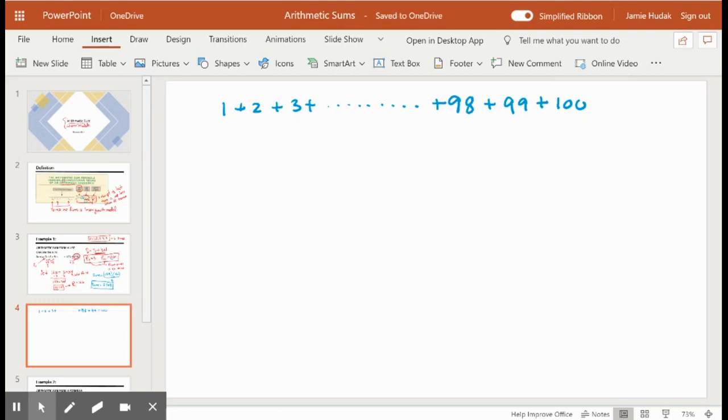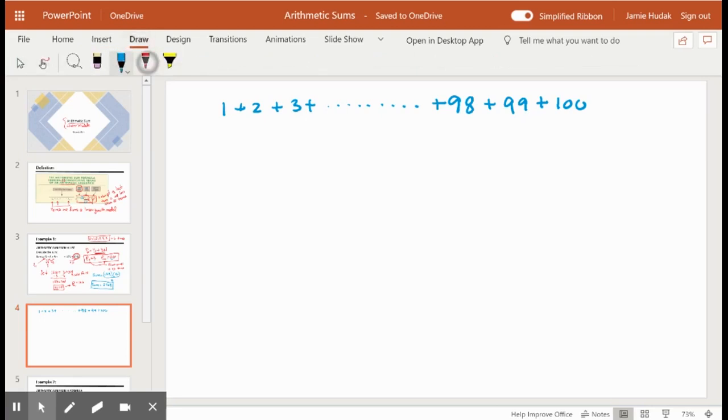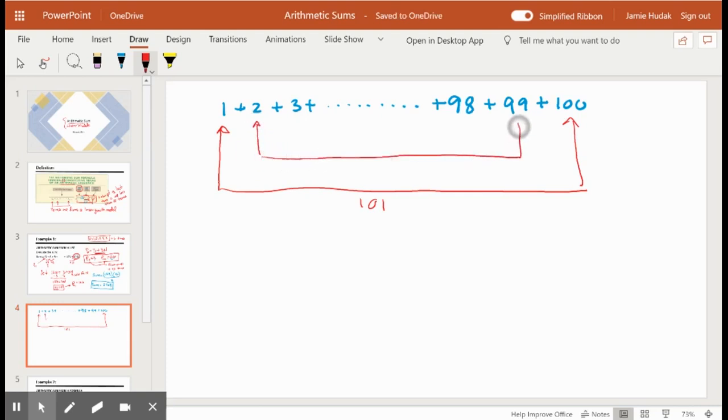But if we start to look at this differently, we might be able to do it quickly and come up with this formula. What happens when you add the first number to the last number here? 1 plus 100 is 101. What happens when you add the second number to the second to last number? What is 2 plus 99 equal to? 101.